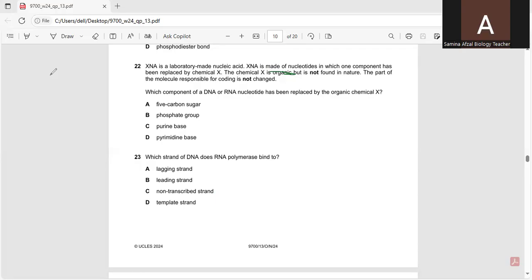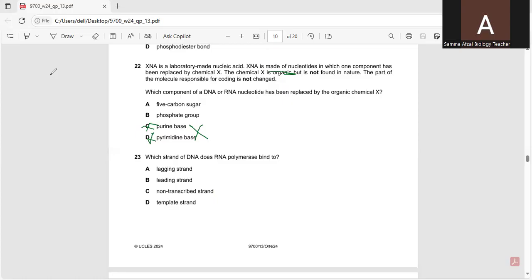So the nitrogen bases, purines and pyrimidines, cannot be the part that is changed. So in this way, C and D options will not be the correct options.